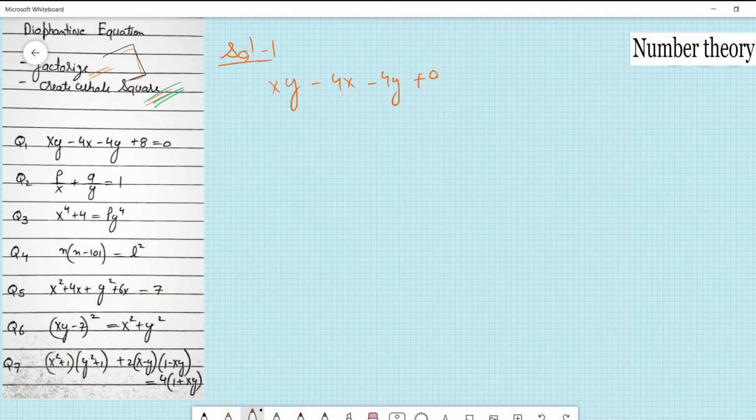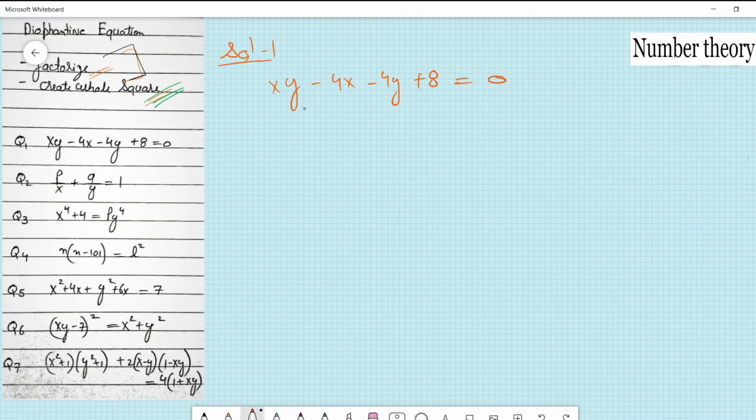Let's try to factorize it. As we want two numbers in multiplication, like we had in our previous example, these two numbers can also be bigger terms, just like I explained earlier. So let's try to factorize it.